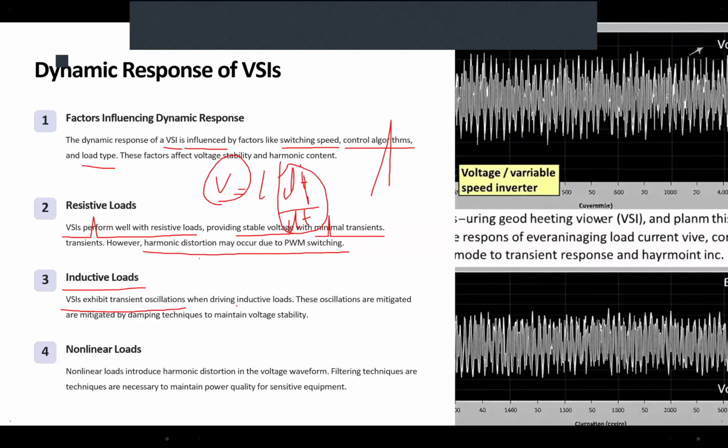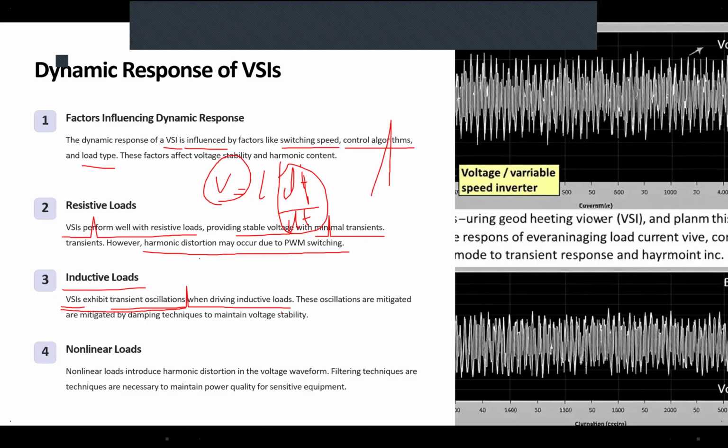So in an inductive load, the voltage source, because it doesn't have control over the output current, exhibits more oscillation and more voltage stress when it wants to respond to the dynamic change in the load.